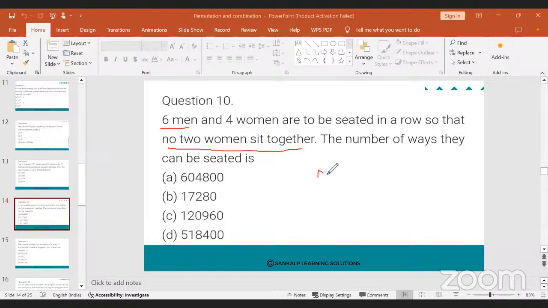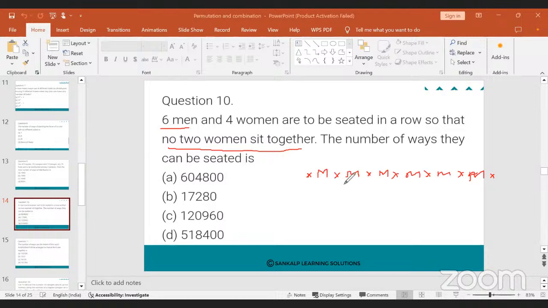I will write it as M into M into M into M into M into M, because women can also sit before and after. 1, 2, 3, 4, 5, 6. Before and after each M I have given a multiplication sign because women can sit there.